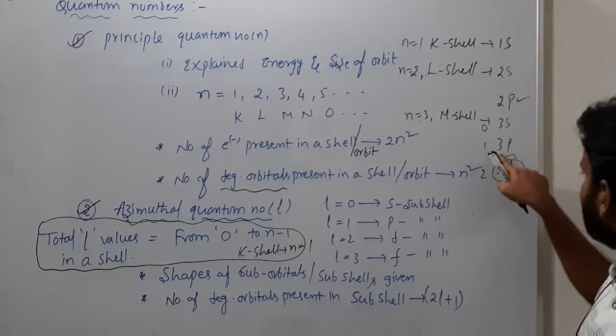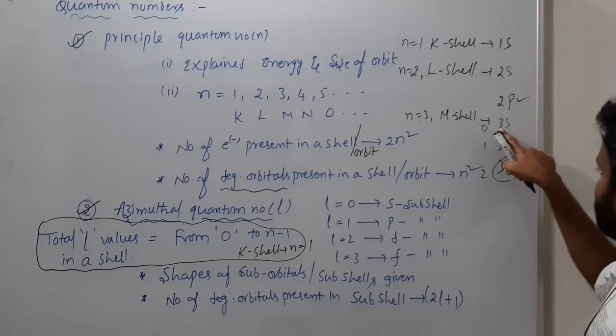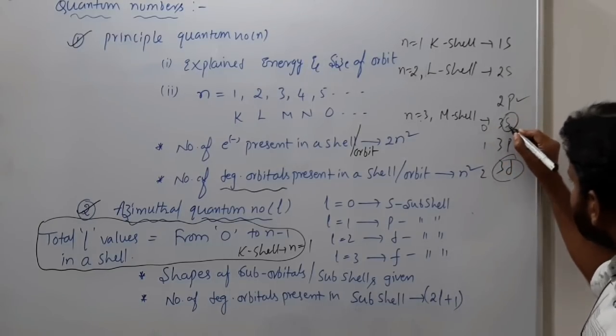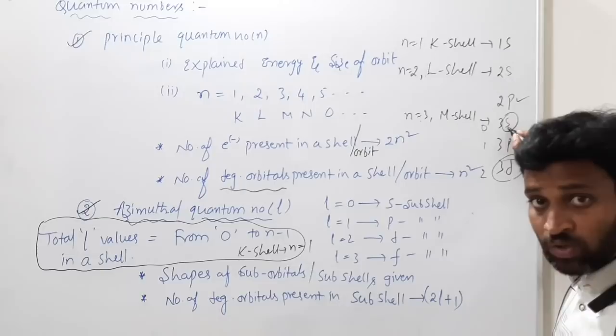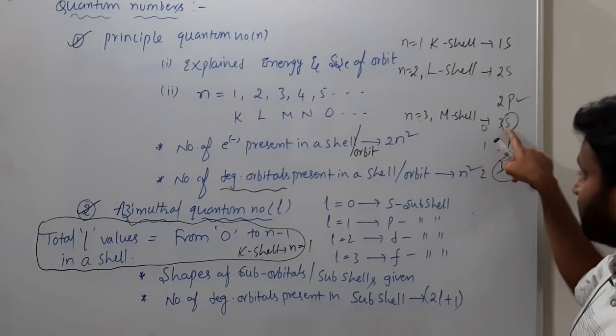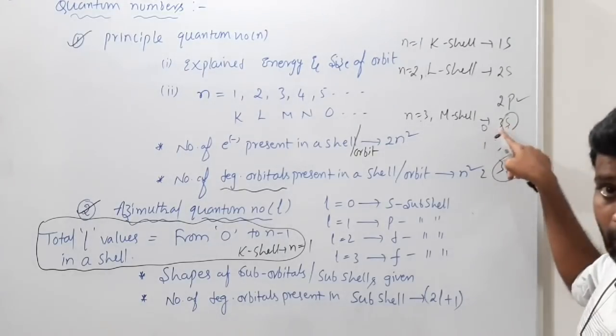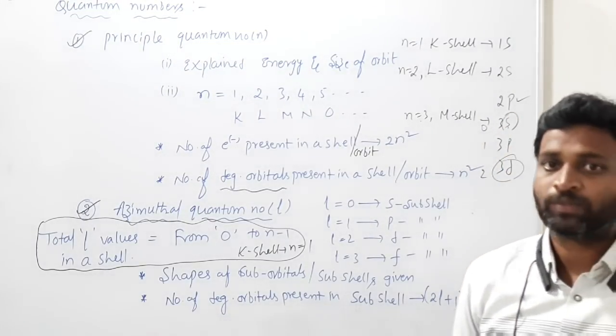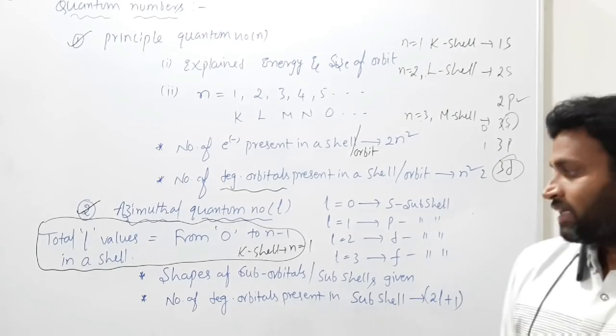Why did I use 3? This 3 says that this s subshell belongs to the third shell. So that is how I explained it.